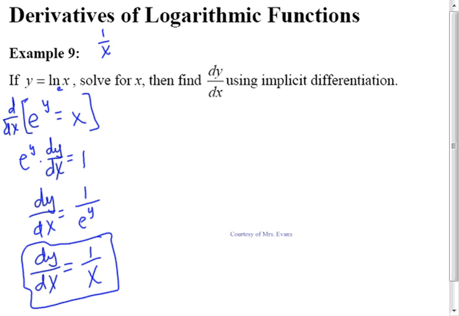Now it's worth noting that if we were going to sketch a graph of ln of x, we know it looks something like this. If we look at the slope of this, it's all positive here. It starts out very high, and it's getting lower and lower.